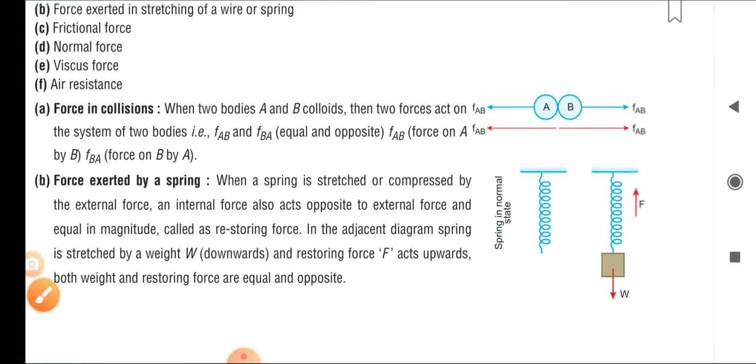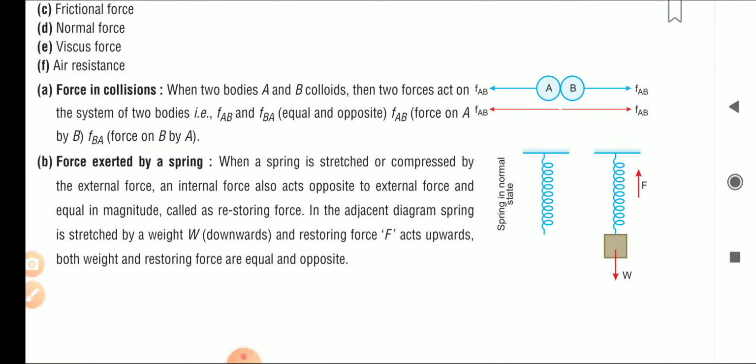Due to this restoring force, an object tries to come to its original position.